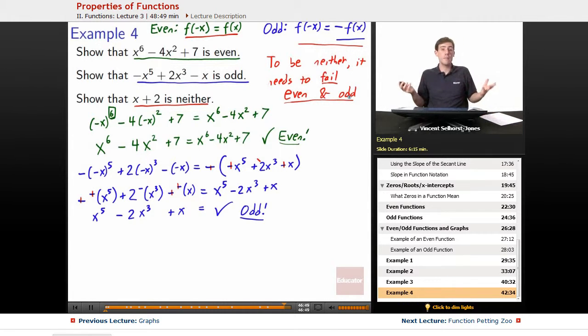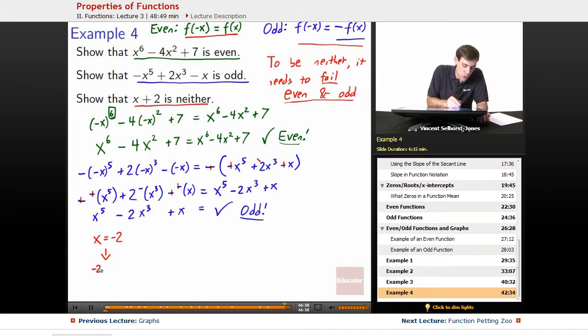So let's just try plugging in a number. Let's try plugging in, say, negative 2. If we look at x equals negative 2, that would get us negative 2 plus 2, which equals 0. Now what if we plugged in the flip of negative 2? We plug in positive 2. X equals positive 2. We plug that into x plus 2, and we'll get 2 plus 2, which equals 4.